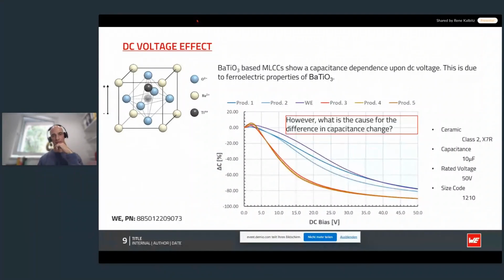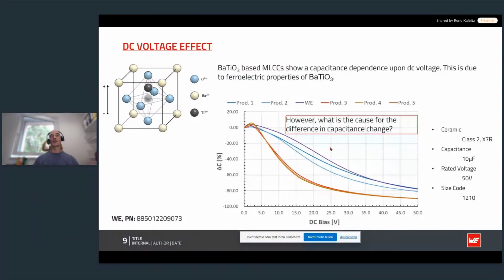Anyways, different ferroelectric behavior actually means differences in the capacitance decrease as a function of the applied DC bias.